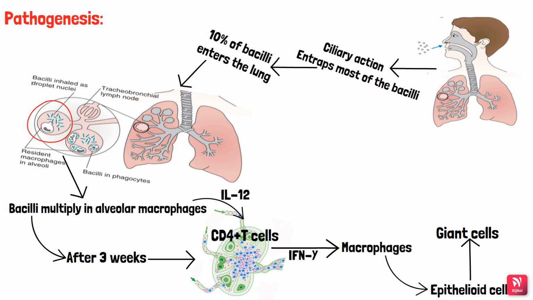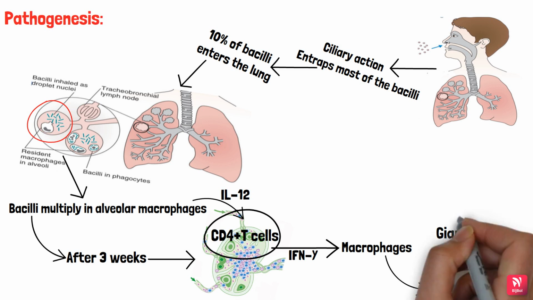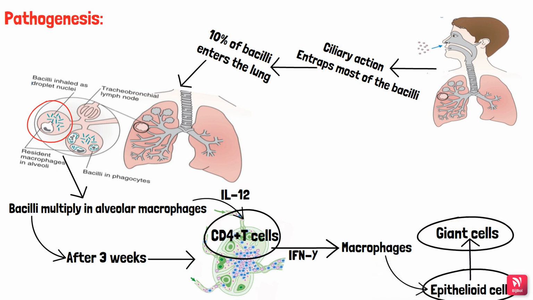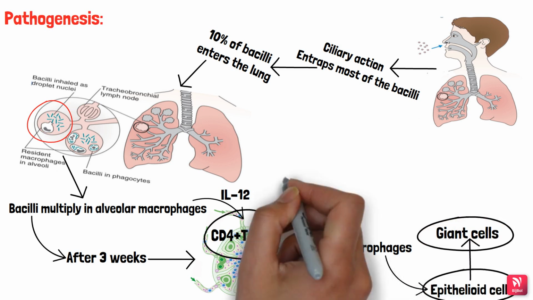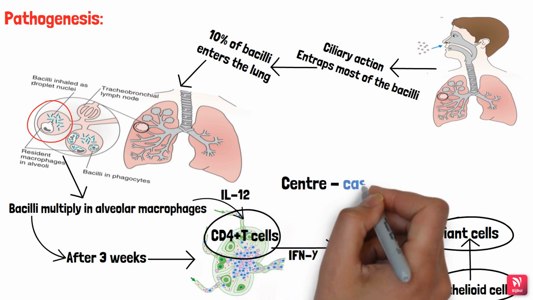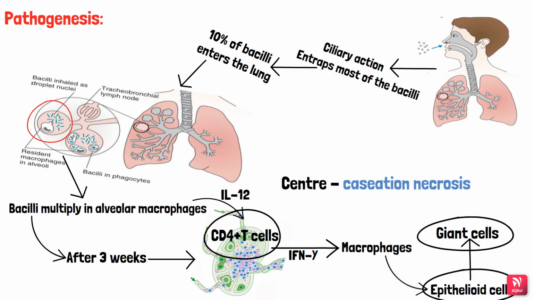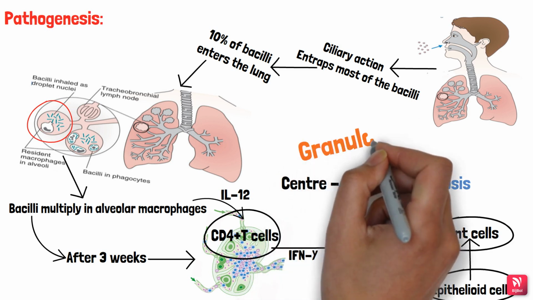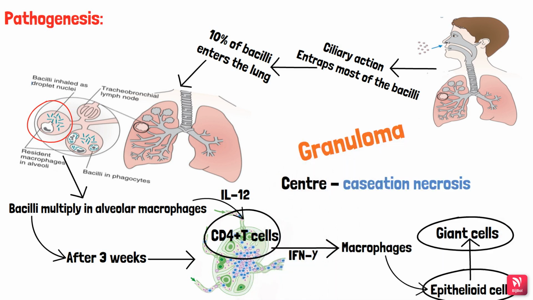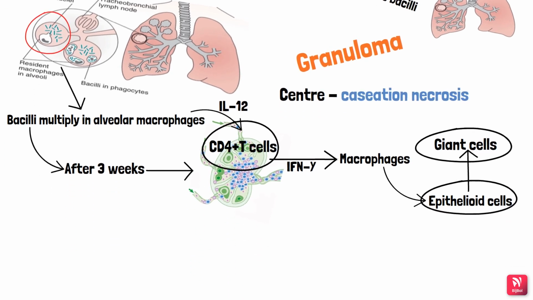Now we have T lymphocytes, epithelioid macrophages and some giant cells, which will be either Langhans type giant cells or foreign body giant cells. All this together is called a hard tubercle. But if in the center of this hard tubercle we see caseation necrosis, then it is called a soft tubercle, and this is all called granuloma formation, which is the main pathogenesis of tuberculosis.